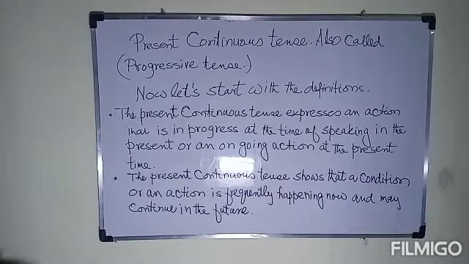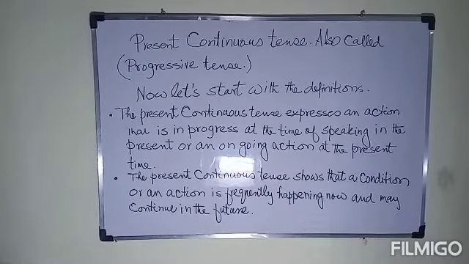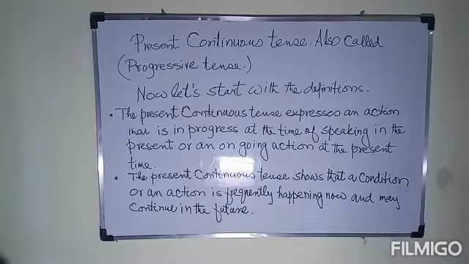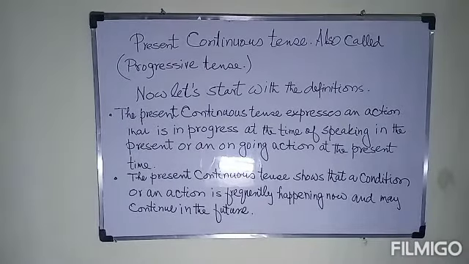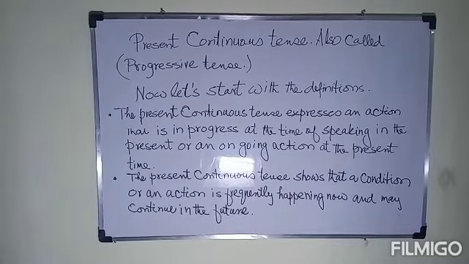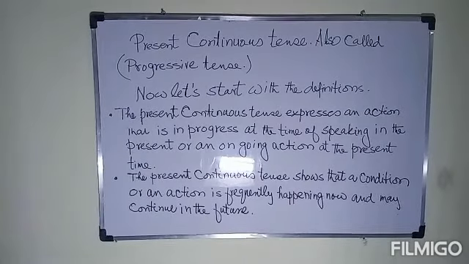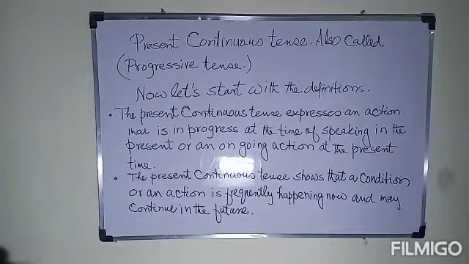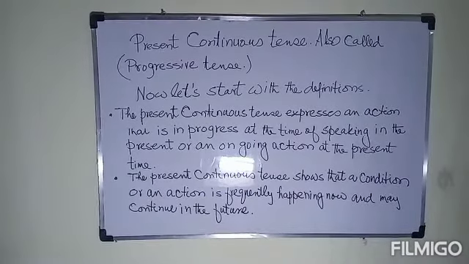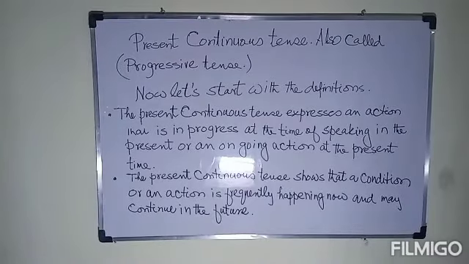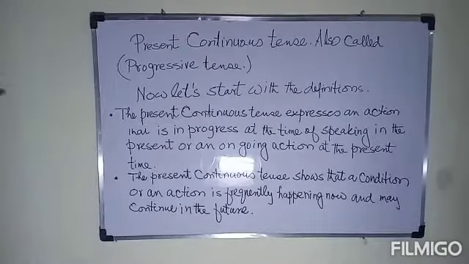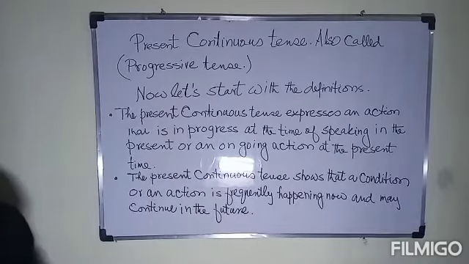The present continuous tense expresses an action that is in progress at the time of speaking in the present, or an ongoing action at the present time. The second definition is that the present continuous tense shows that a condition or an action is happening now and may continue in the future.